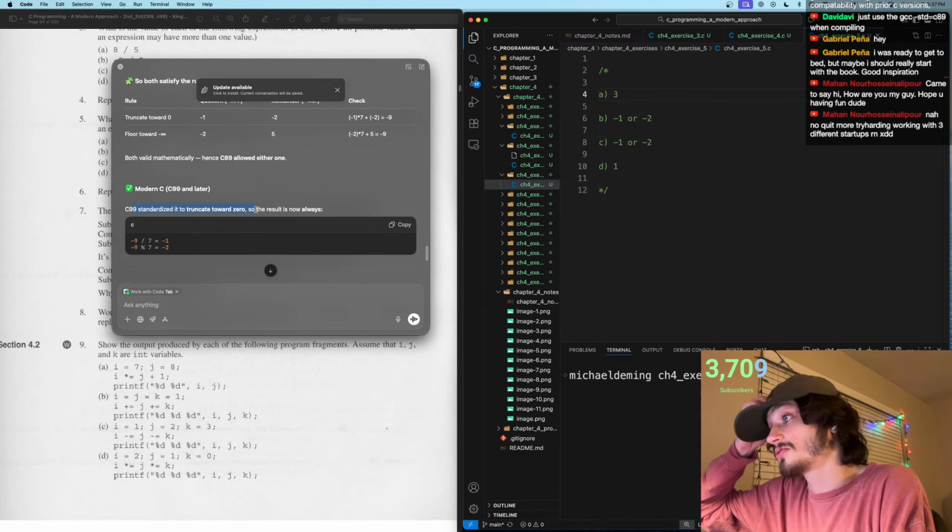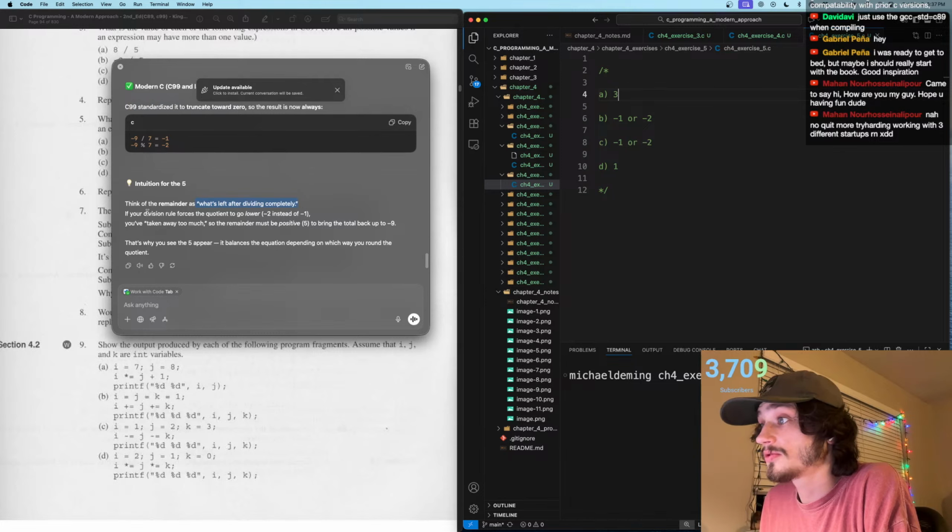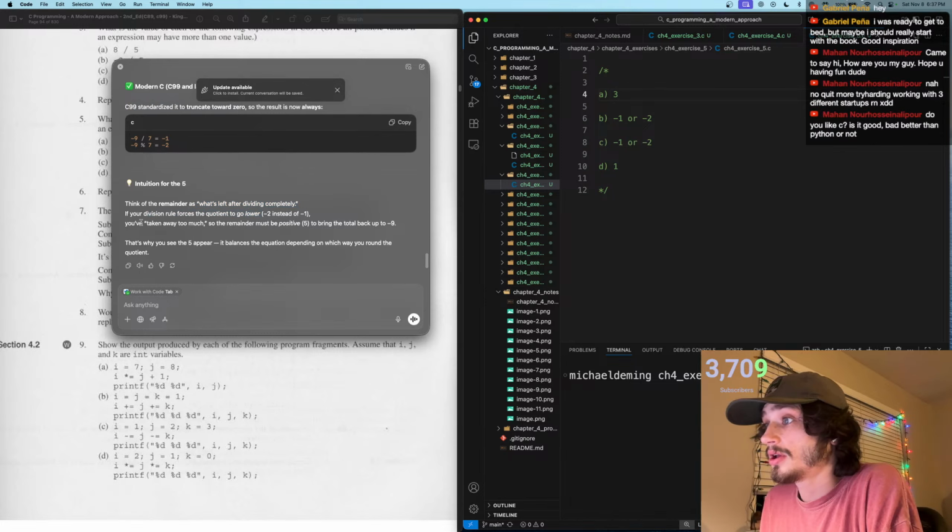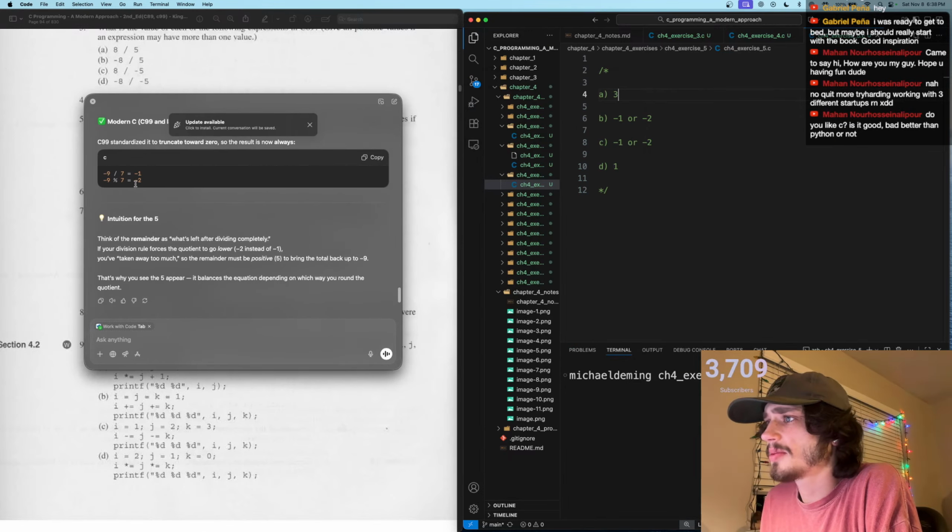Think of the remainder as what's left after dividing completely. If the division rule forces the quotient to go lower, you've taken away too much. The remainder must be positive to bring back the total value to negative 9. Okay, so in this example, let's say we get negative 2 for this value here.